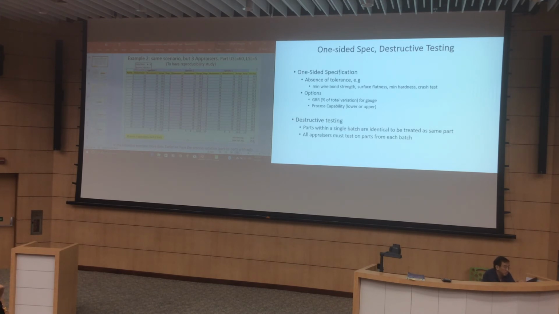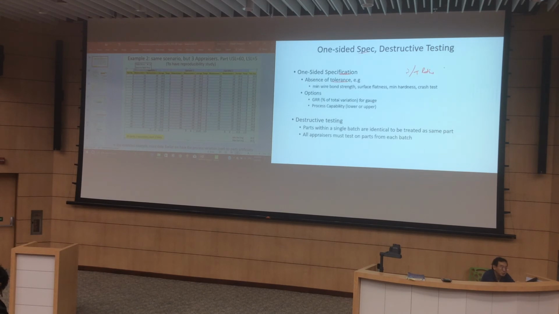Now, if you encounter a situation with a one-sided spec, we don't have a tolerance, right? One-sided spec, normally what can you do? Can you do the PT ratio with a one-sided spec?